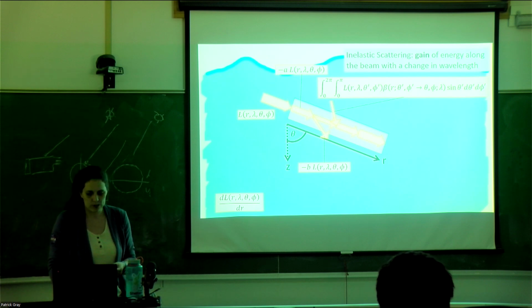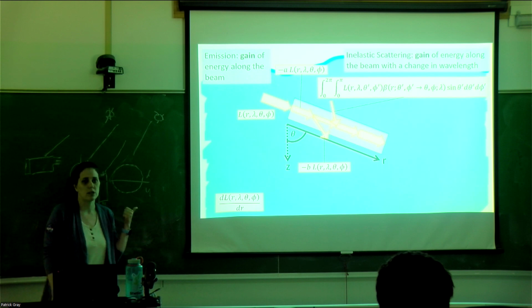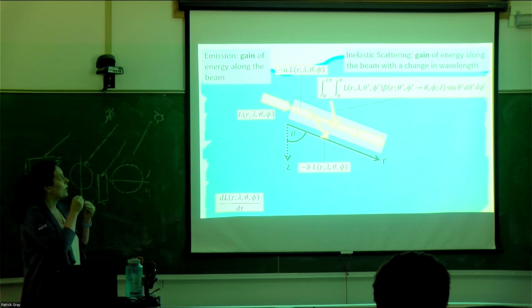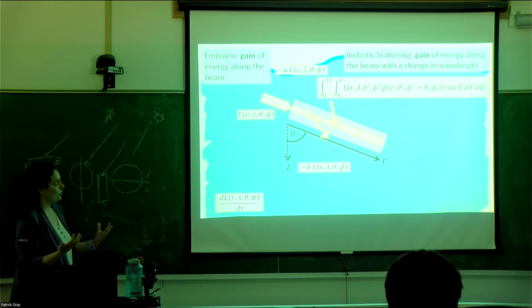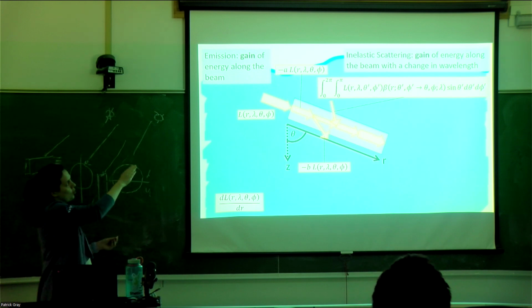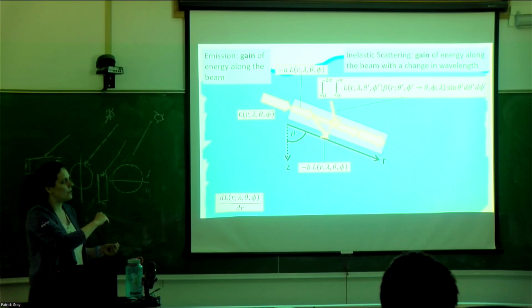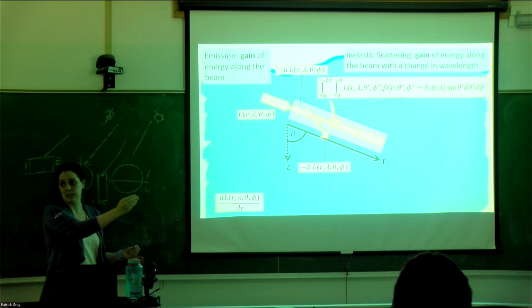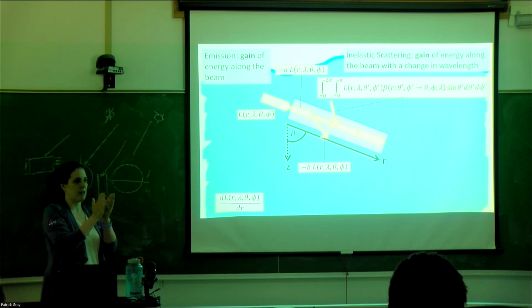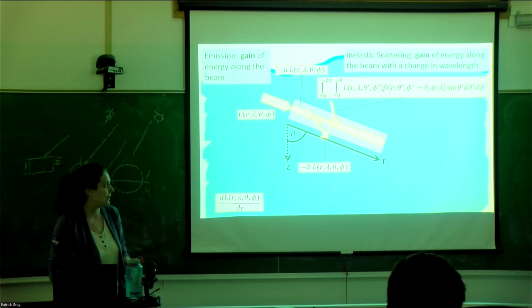And there's another process, the other process that I talked about, just regular emission. So this is a process, something like bioluminescence, where we're gaining energy at a wavelength. So in the same way that we bundled absorption and loss because of inelastic scattering, we can bundle gain from emission with gain from inelastic scattering when we're considering a given wavelength, if that's the wavelength those processes are happening at.